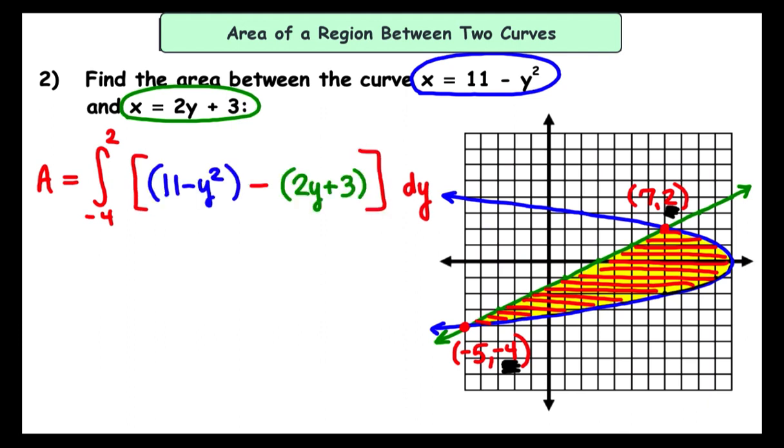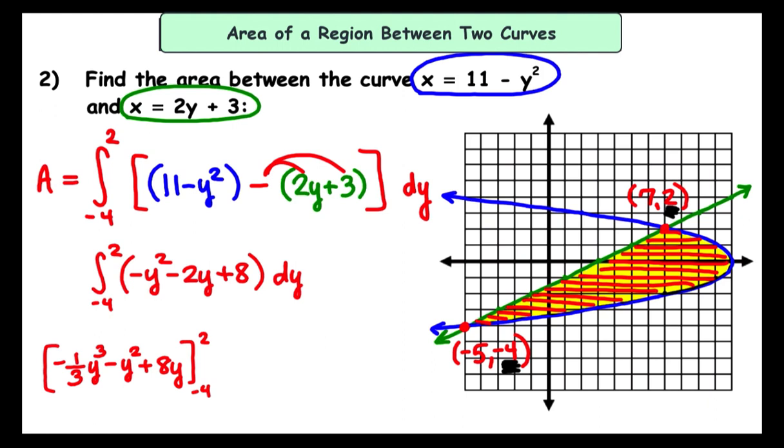As always, we have a distributive property going. So those will both become negatives. If we combine the like terms, we'll have -y squared minus 2y plus 8. 11 minus 3, that's plus 8. Integrating this will be -1/3 y cubed minus y squared plus 8y. Plugging in the positive 2 and working that out will come out to 28/3.